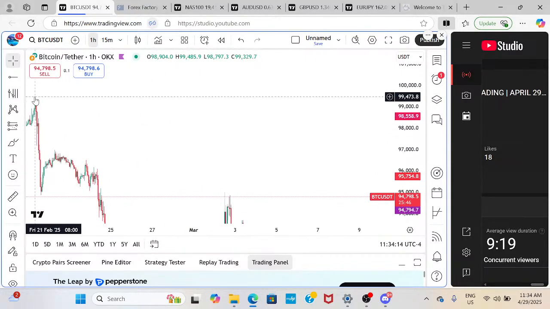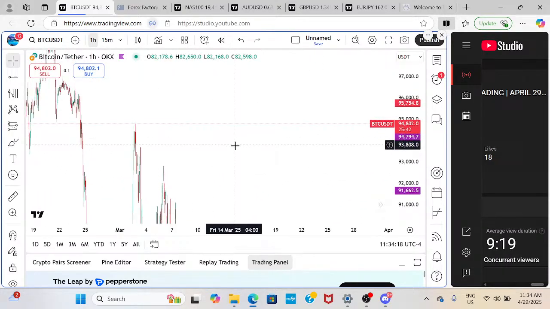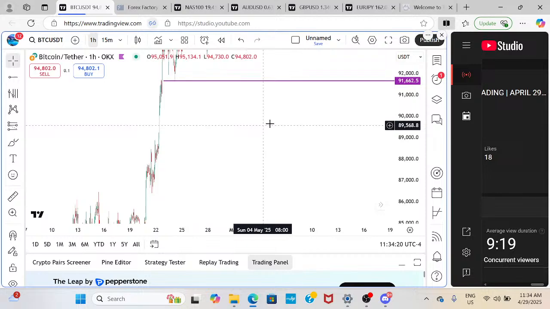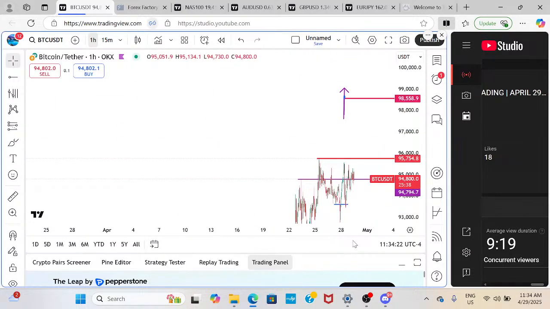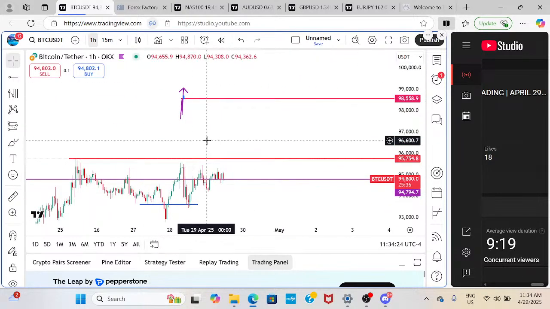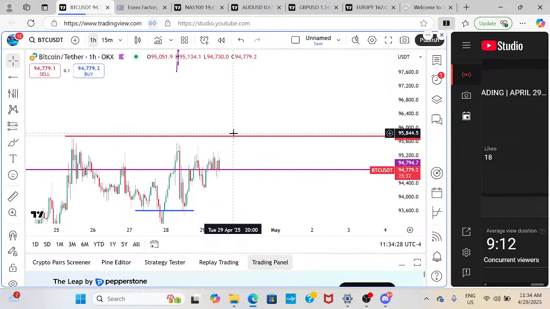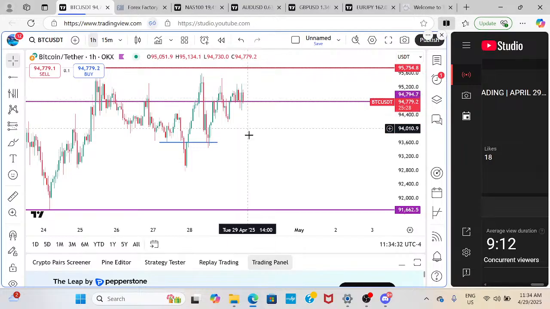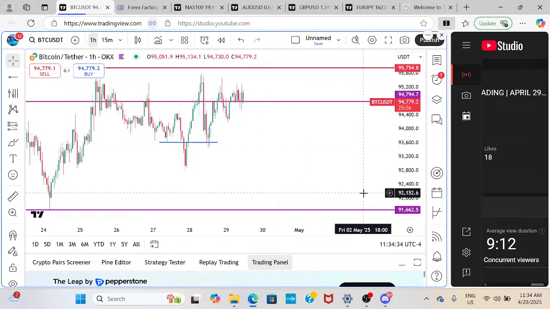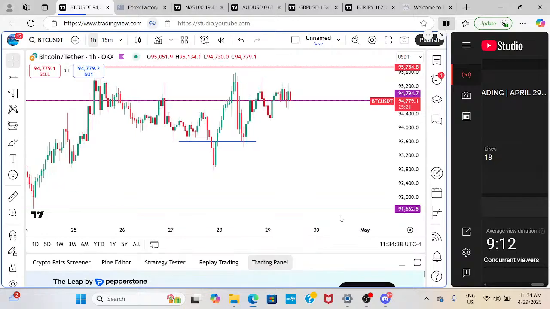Yeah, it could go all the way to this 99,000, right? It should be able to easily do that once we clear the current resistance of 95. Okay, so for Bitcoin, look for buy either above 95,729 or look for buy down around 92,000.